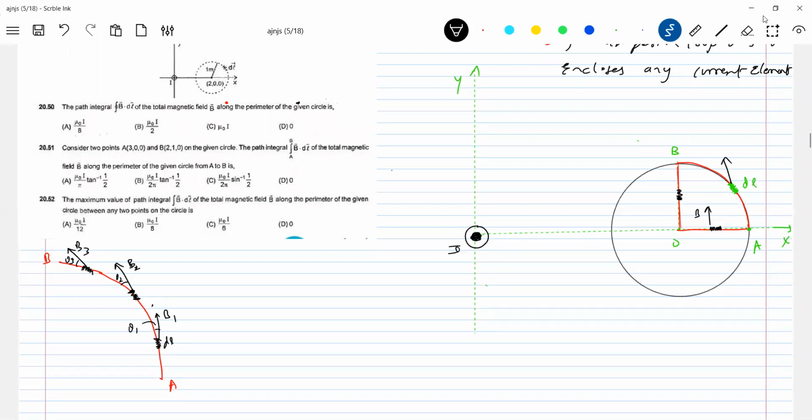Able to make it out? Here for this path, what is the value of B bar dot dl? For OA, it will be 0. Now for the total path OAB, what should be the value of B bar dot dl?